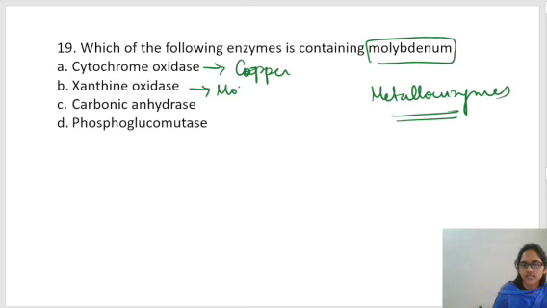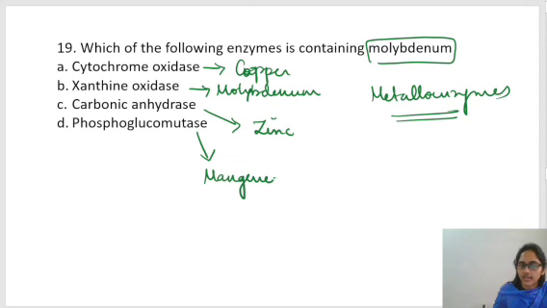Xanthine oxidase contains molybdenum. Carbonic anhydrase is a zinc containing enzyme. Phosphoglucomutase is a manganese containing enzyme. So these are some of the metalloenzymes. All right. Thank you.